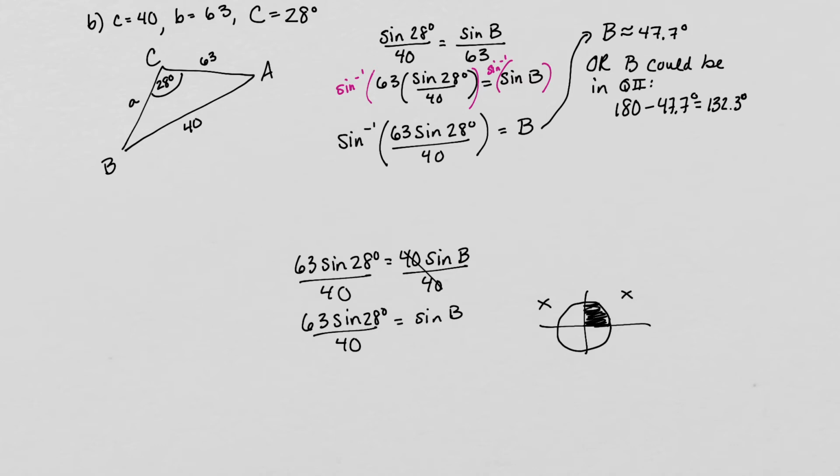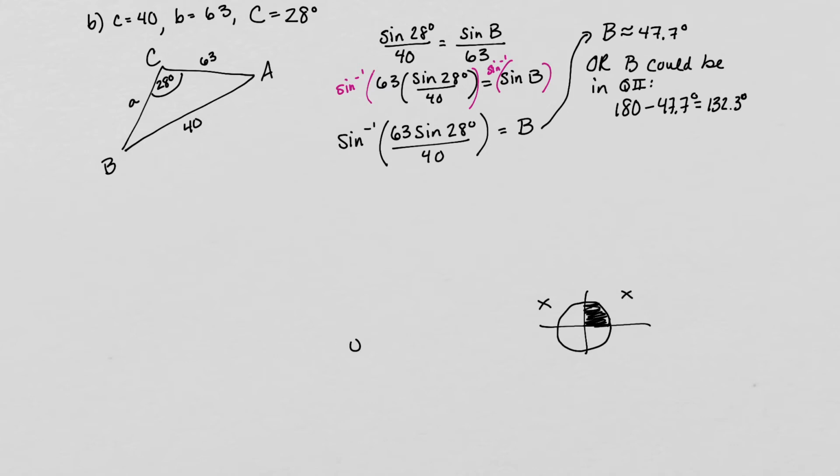So let me erase all this extra stuff here. This is just an unfortunate consequence of the law of sines. Inverse sine is in quadrant 1 and quadrant 4, but the reason we restrict to quadrant 1 and quadrant 4 is because quadrant 2 and quadrant 3 repeat.